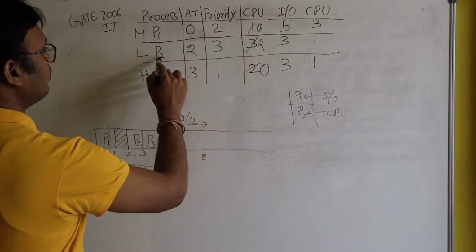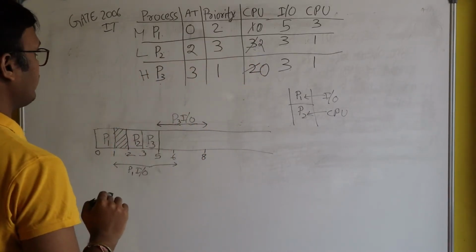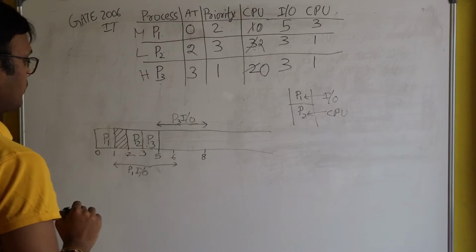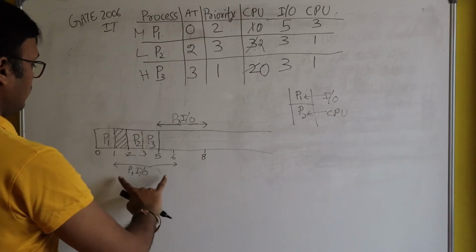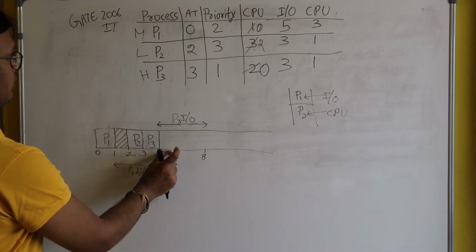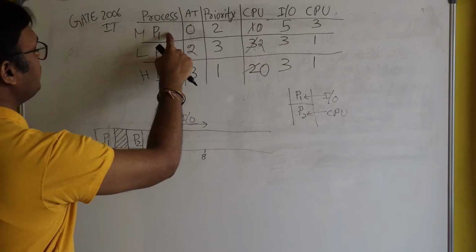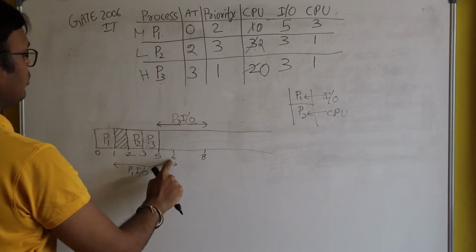Process P2, still the first CPU burst of process P2 is left. Also, from 5 second to 6 second, process P1 cannot be assigned a CPU. Why?